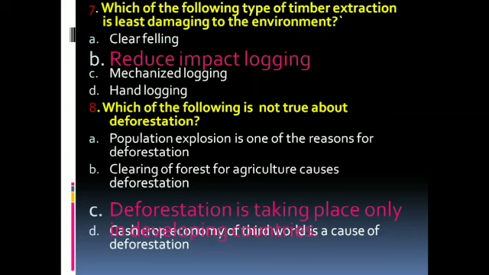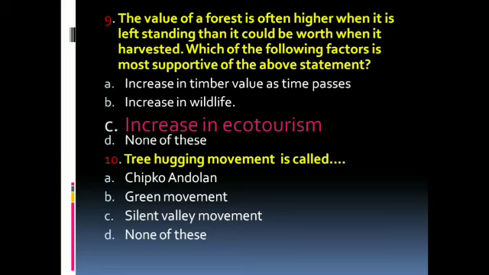Tree hugging movement is called. The tree hugging movement was a movement taken up by the village women, men and children all together in order to protect the forest and the trees from being cut by the government authorities.